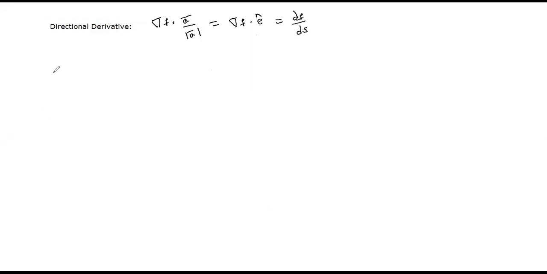Okay. Now I want to know what will be the maximum value of the directional derivative, and in what direction this maximum value occurs. I said directional derivative changes when you change the direction, right? When you change the direction, directional derivative will change.